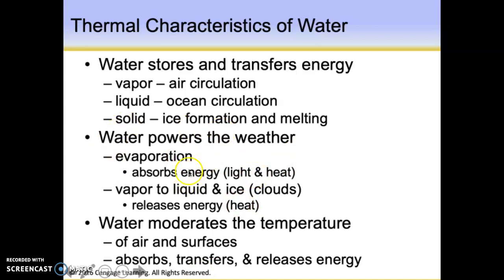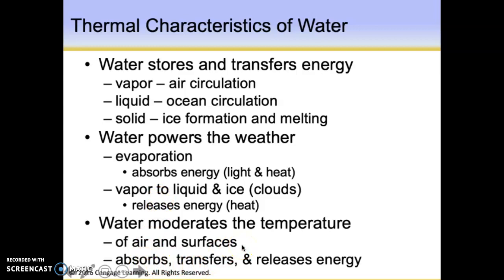When water evaporates or turns into vapor and goes up into the atmosphere, we can't see it. Water vapor is invisible. But when that happens, it has absorbed a significant amount of energy. When it comes out of vapor form and turns into liquid and ice, we see a cloud. And again, that is releasing a significant amount of energy.